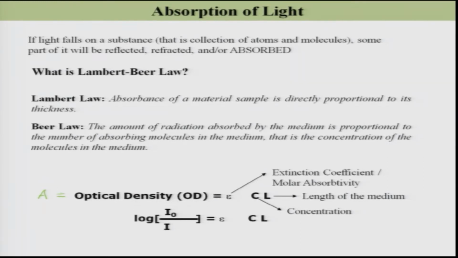So you can write this as log I0 by I equals epsilon C L, and one can easily show that epsilon is a function of lambda, that is, the wavelength of the light. Not all wavelengths will be absorbed with equal efficiency by the molecule, so epsilon is a function of lambda. I0, the incident light intensity, and I, the intensity of the transmitted light, are also functions of lambda.